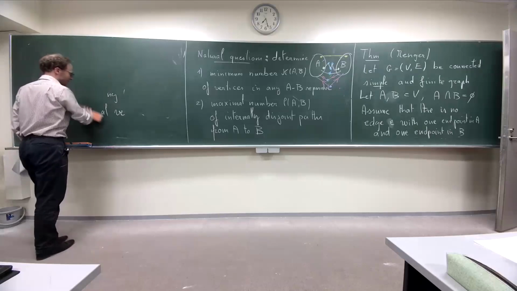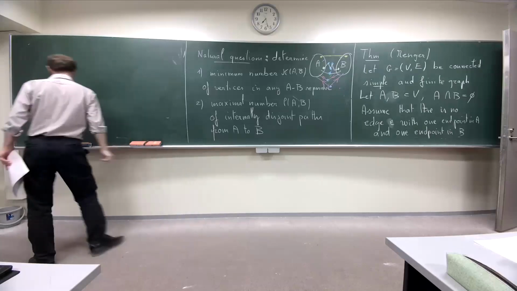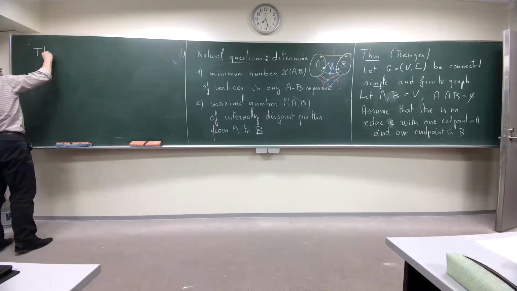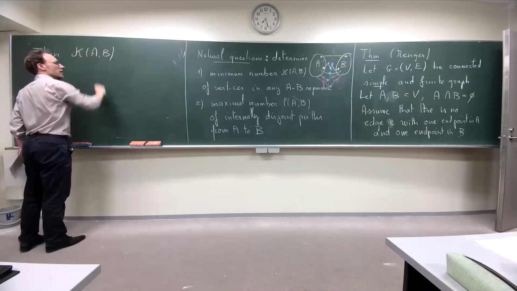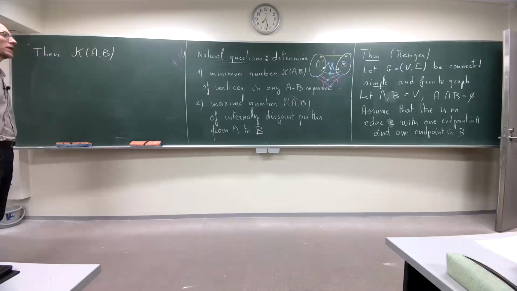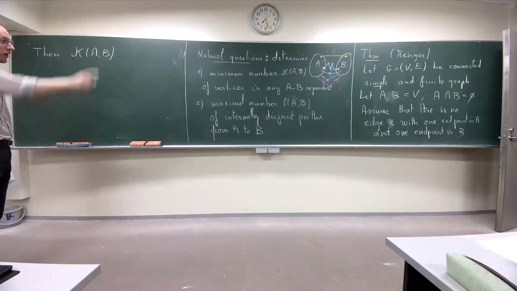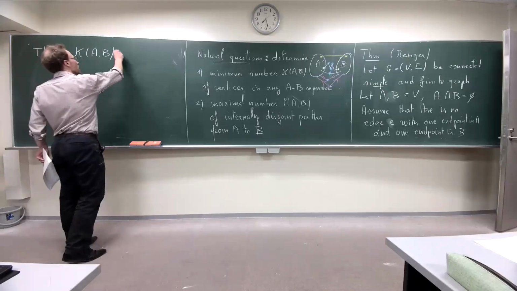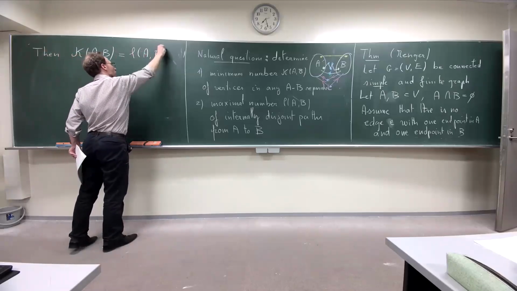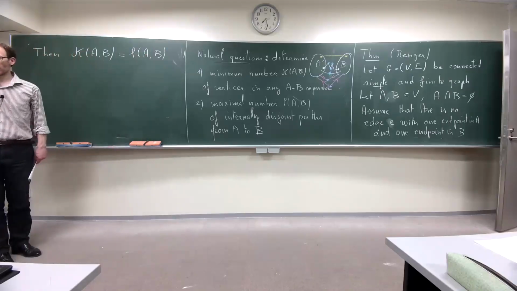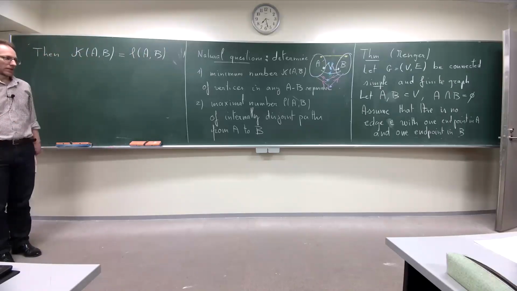The minimal number of vertices in any separator is equal to the maximal number of internally disjoint paths.